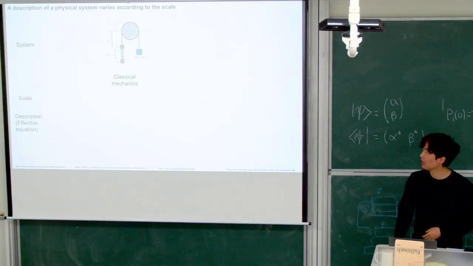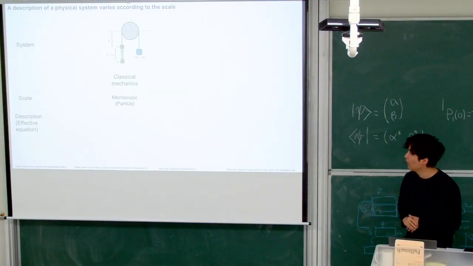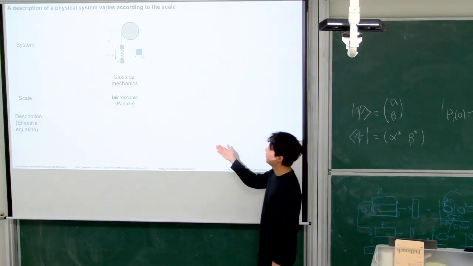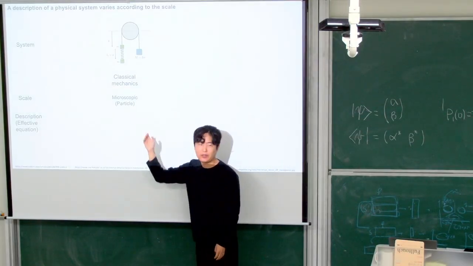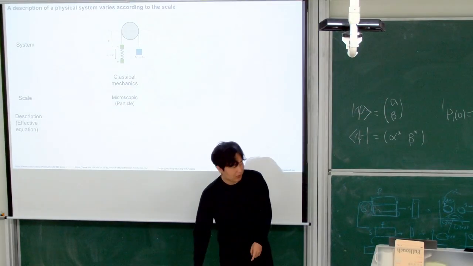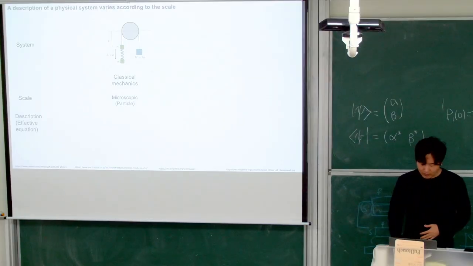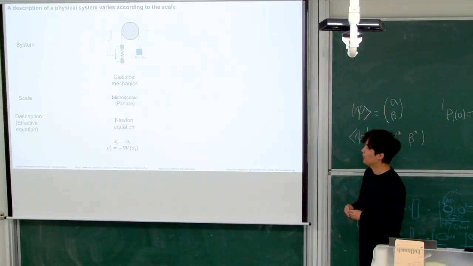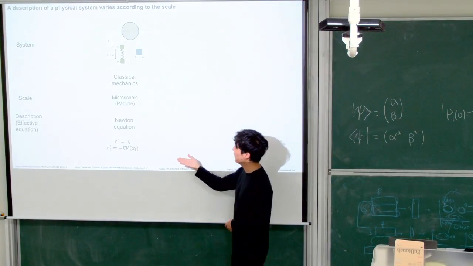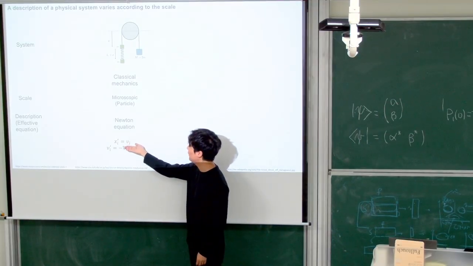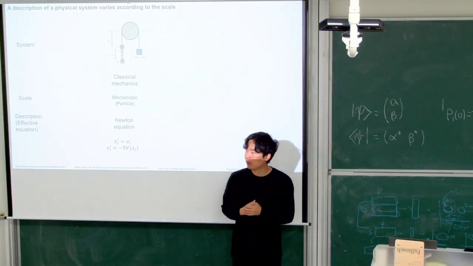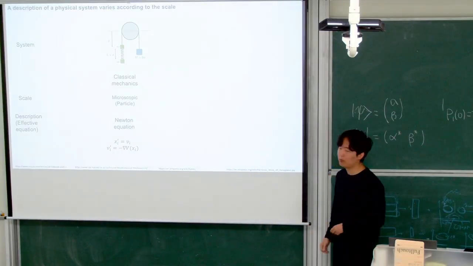Its scale is called microscopic or particle level, like a lepton or like this cup. In terms of the equation, it can be written by an ODE, the kind of ODE we usually deal with.